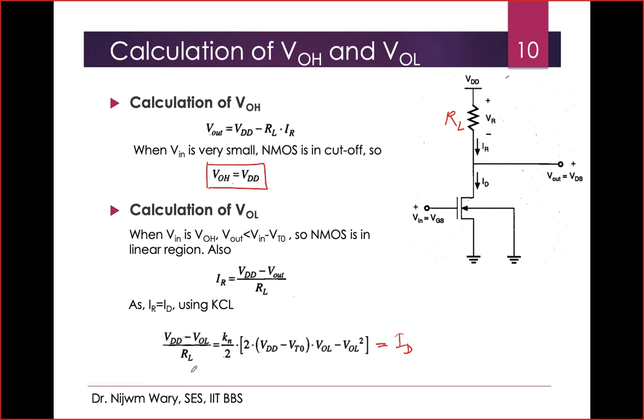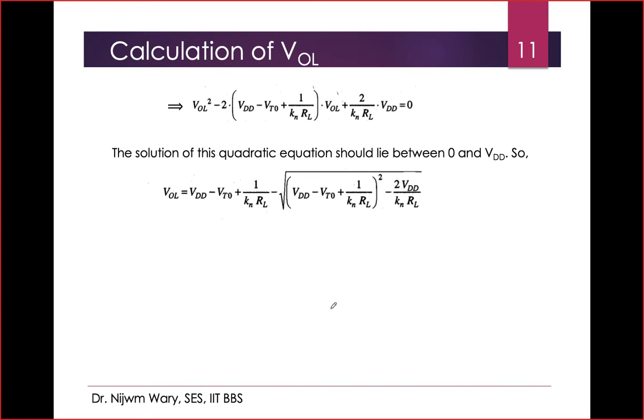So by solving this, you can see we have a quadratic equation in terms of VOL. If I simply solve this quadratic equation, I will get the value of VOL. We rearrange it and solve it such that the solution lies between 0 and VDD.